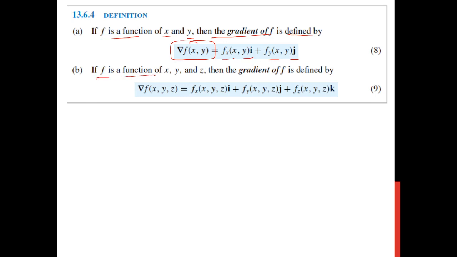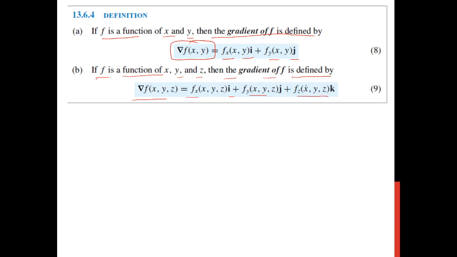If f is a function of x, y and z, then the gradient of f is defined by del f(x, y, z) equal to fx(x, y, z) i plus fy(x, y, z) j plus fz(x, y, z) k.